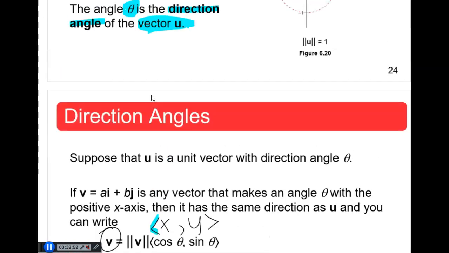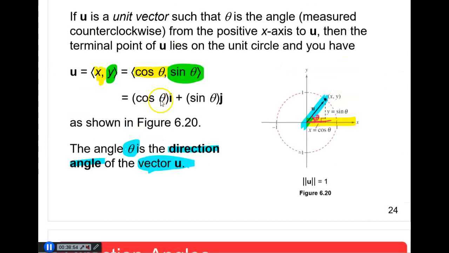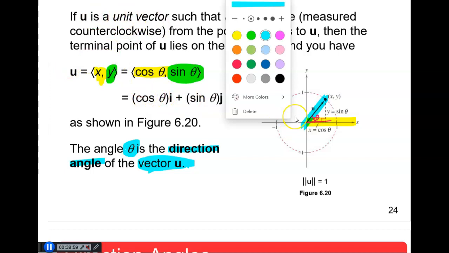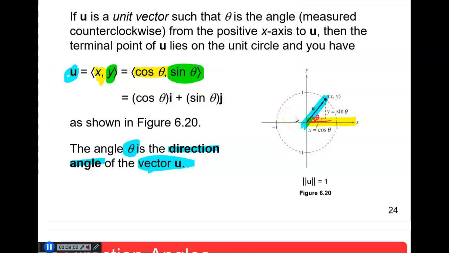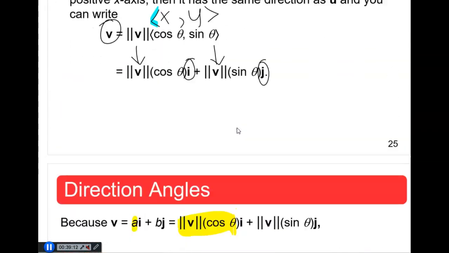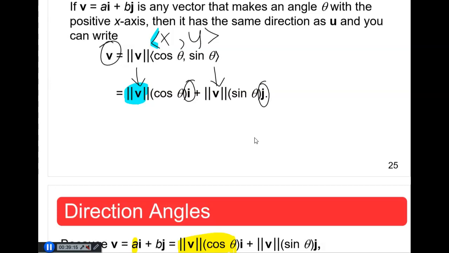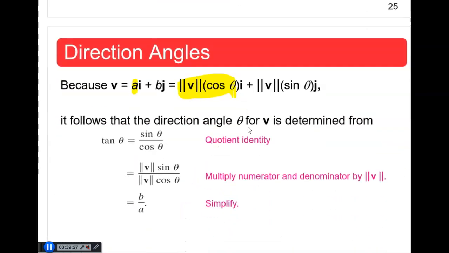For the ones here, the constraint was that u is a unit vector. So for those, we didn't really have to worry about the magnitude, because if it's a unit vector, the magnitude is 1. So it was not necessary to distribute the magnitude. But now here, if we extend that concept, these are vectors that are not unit vectors, and so that's why we have to distribute the magnitude to the unit vectors i and j, but also to the cosine and sine of the direction angle.